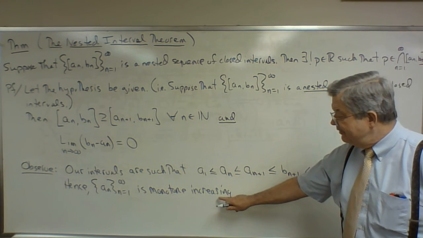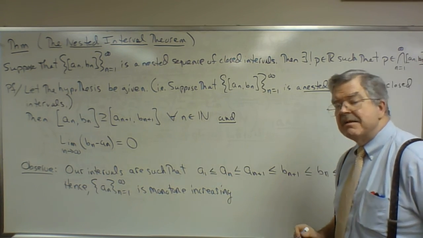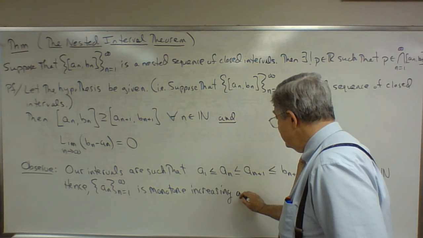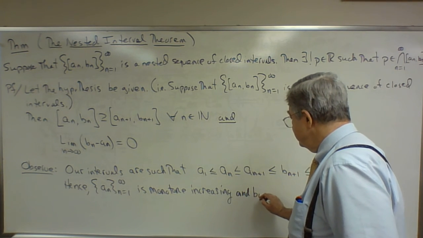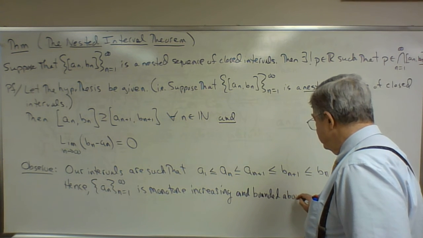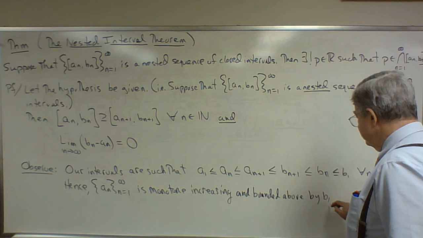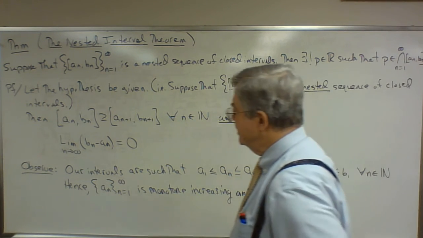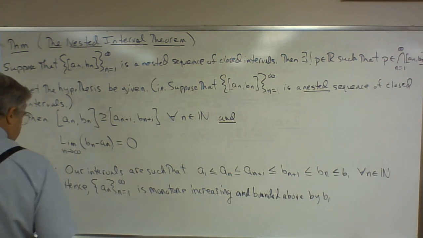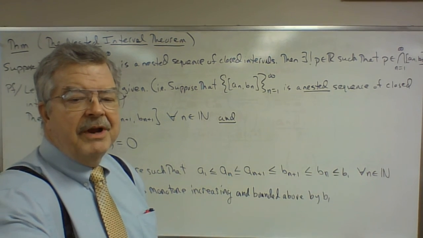So this sequence is monotone increasing and bounded above by b sub 1. And give me a chance to erase some of the board.